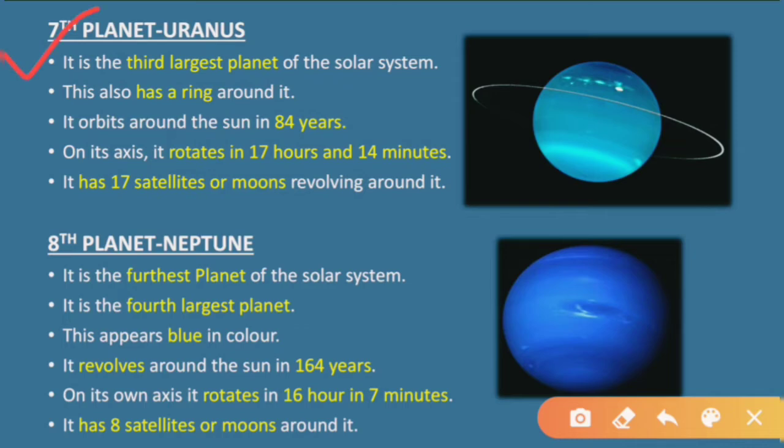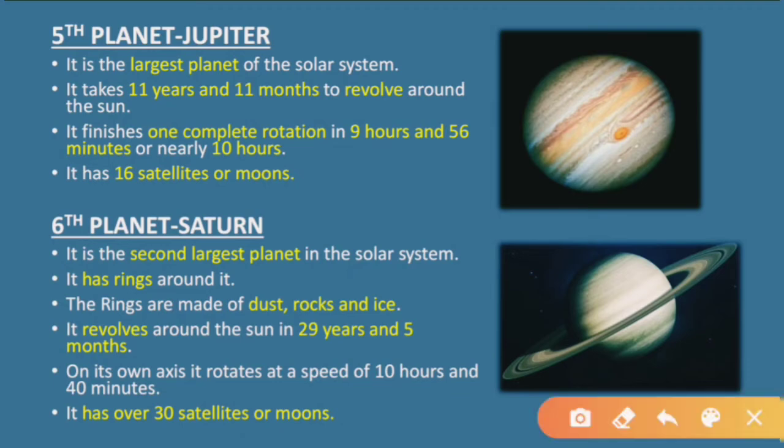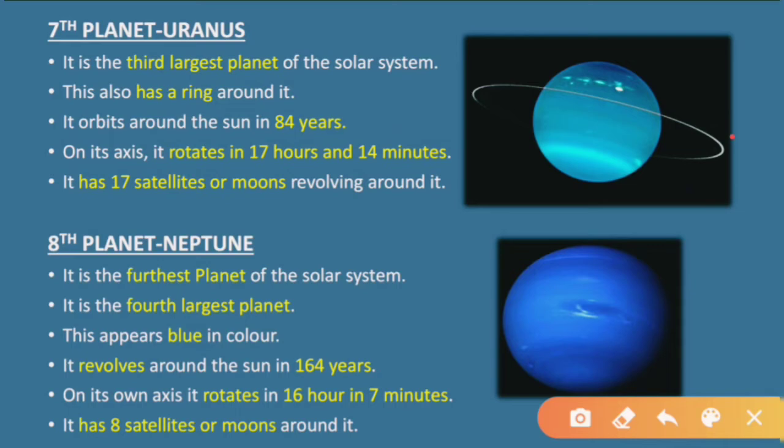It is the third largest planet: the first is Jupiter, the second is Saturn, and the third is Uranus. Like Saturn, Uranus also has a ring around it.